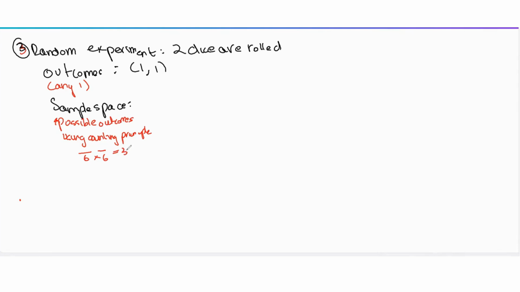So together they can result in 36 possible outcomes. So when we write its sample space as a set, it will have 36 possible outcomes, starting with both landing on 1, then the first landing on 1, second landing on 2, then the first landing on 1, second landing on 3, and so on, till you have both landing on 6, right? So you'll have a total of 36 outcomes over here.